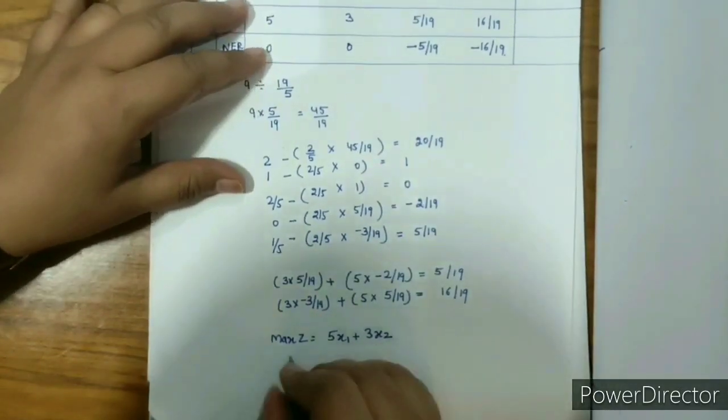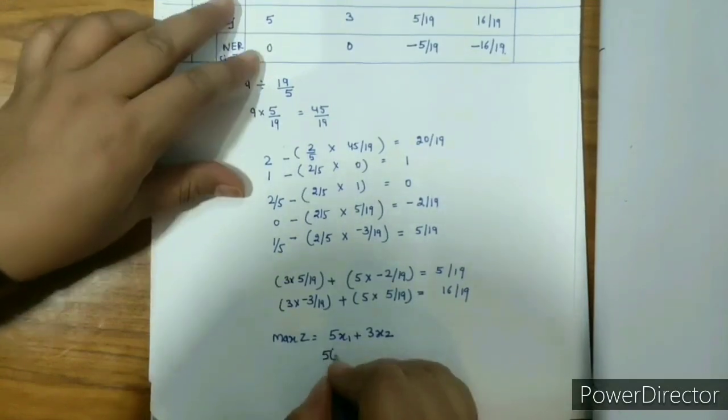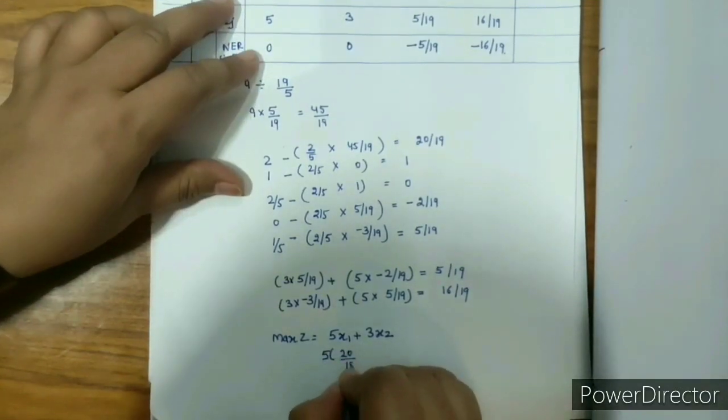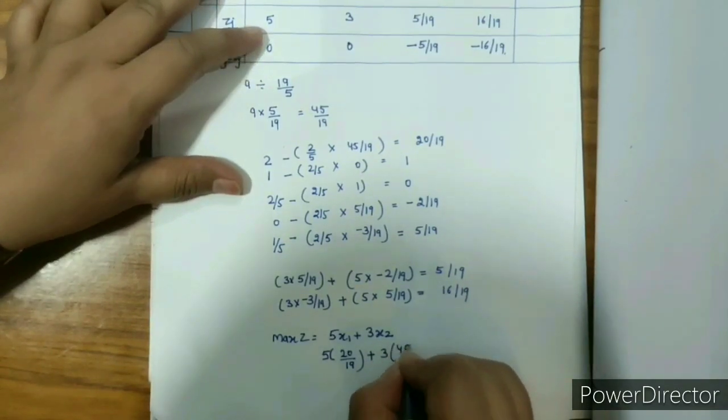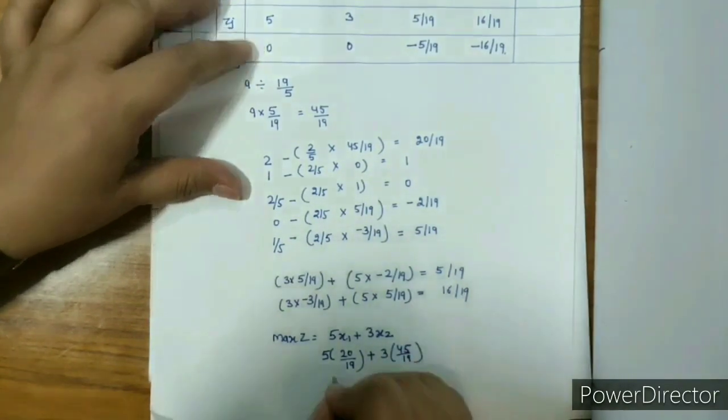So we put the value of x1, 5 times 20 by 19, plus 3 times 45 by 19 of x2.